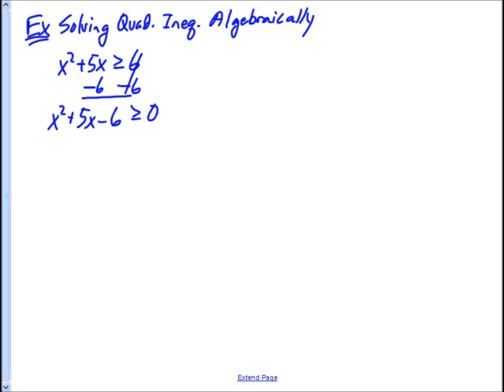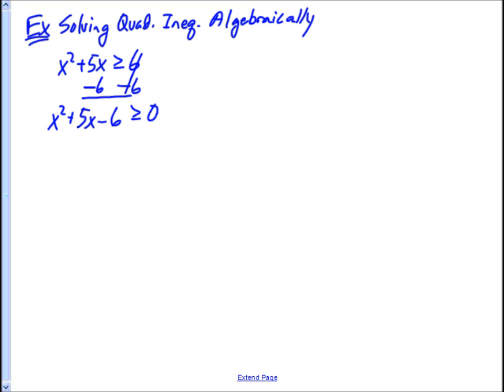Because you're at this point, and then you can choose whether you want to factor or whether you want to use the quadratic formula and so on, right? Or proceed with maybe completing the square.